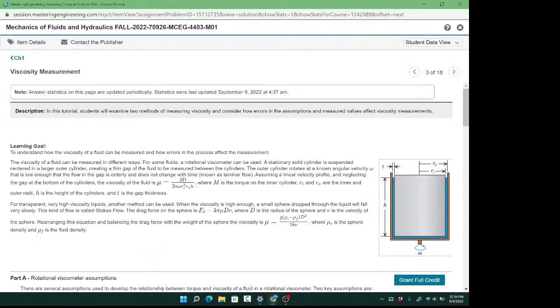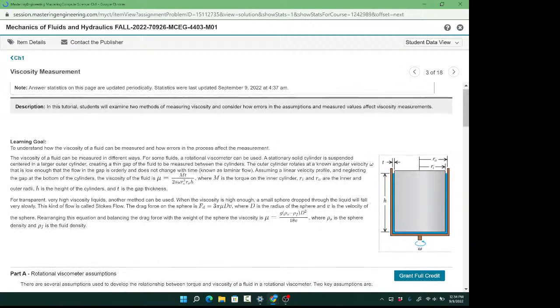So it has the viscosity in here, and it has it as a function of M, the torque, inner and outer radiuses, and H, the thickness or the gap between them. It goes all the way through this. So this is basically a device they use to measure viscosity.